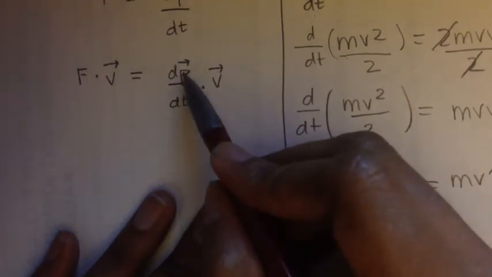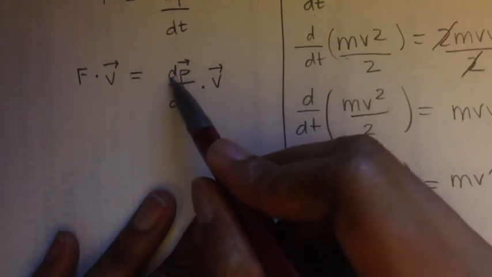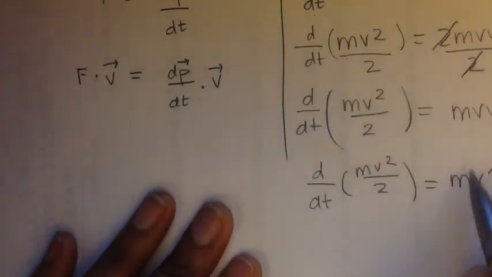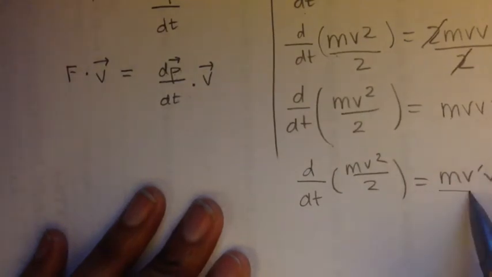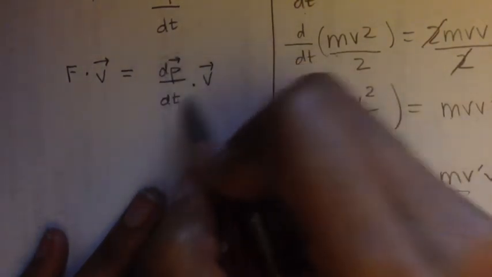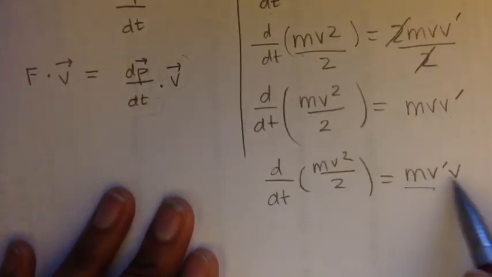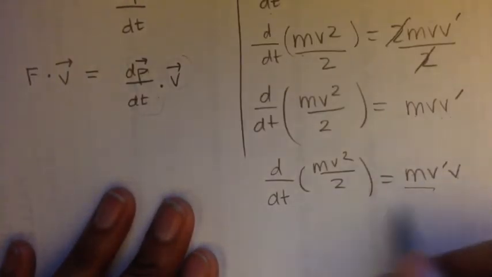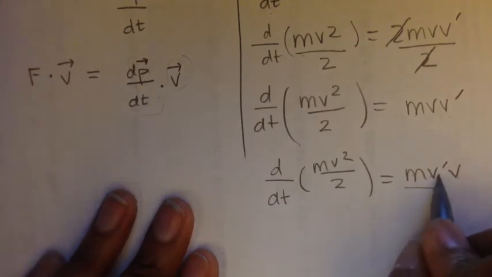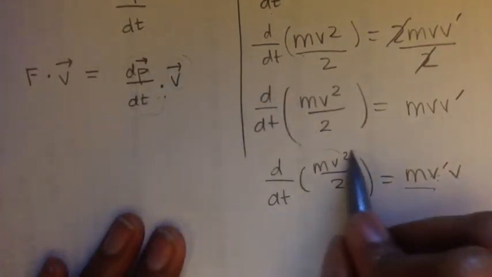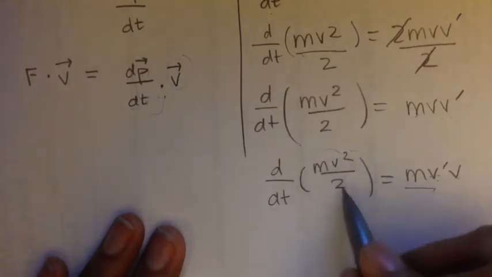We know that this would be equal to mass times velocity prime, which is what we have here. And mass times velocity prime times velocity is, of course, mass times velocity prime times velocity. So here we see that this, which is also this, is equal to d over dt of mv squared over 2.